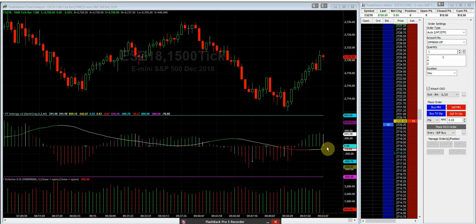Is it declining because supply is coming in and it's going to take it down, or is it just a normal pullback in an uptrend? And of course the reverse is true for the downside. So you want to read that into the price volume action as well.